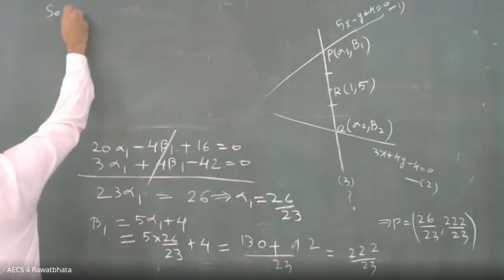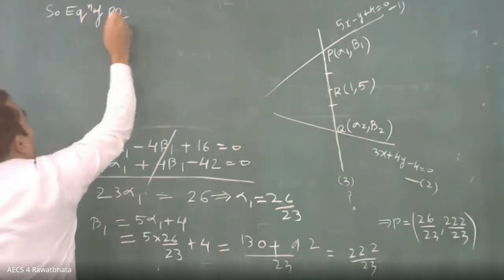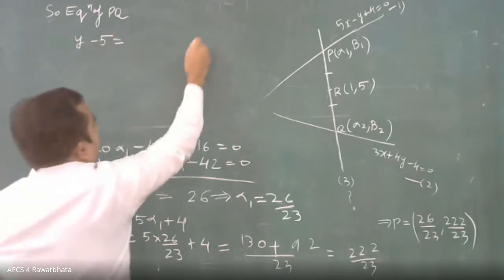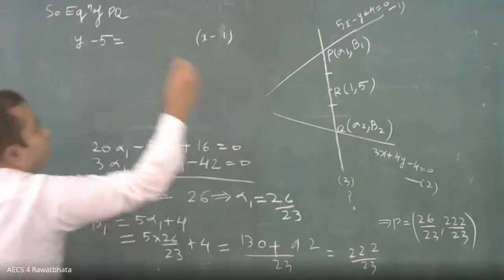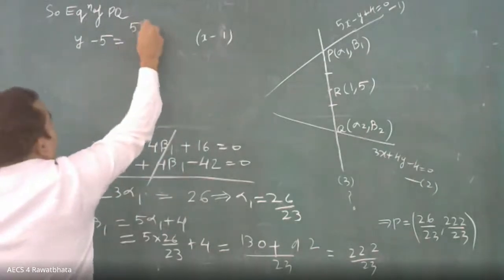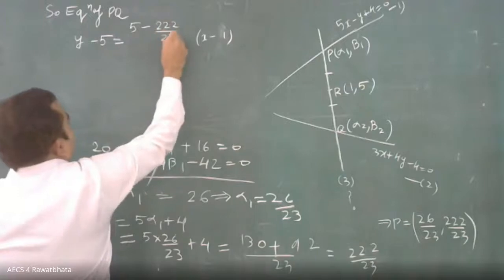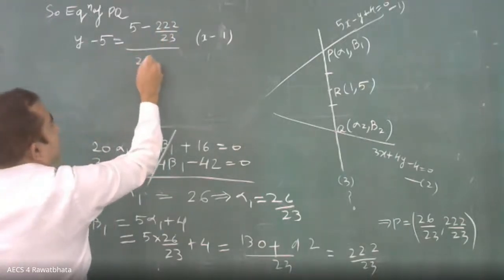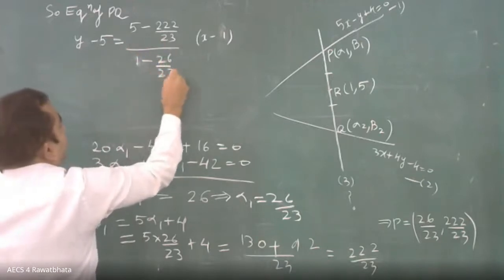So equation of PQ will be y minus y1 is equal to y2 minus y1, 5 minus 222 on 23, upon x2 minus x1, 21 minus 26 upon 23.